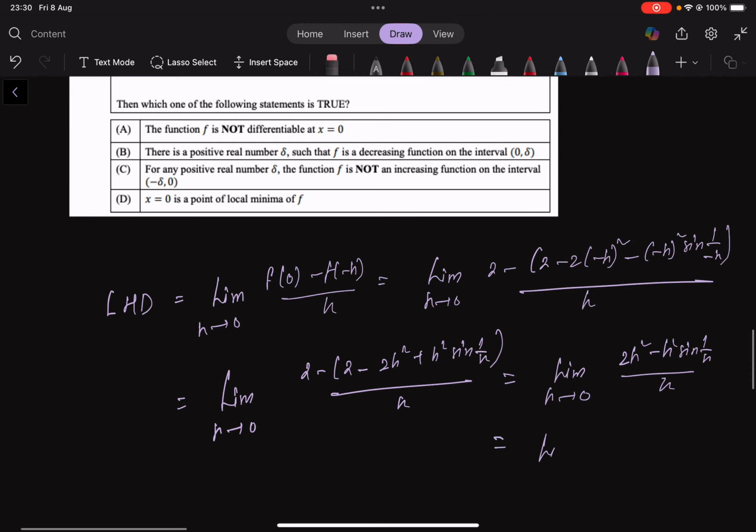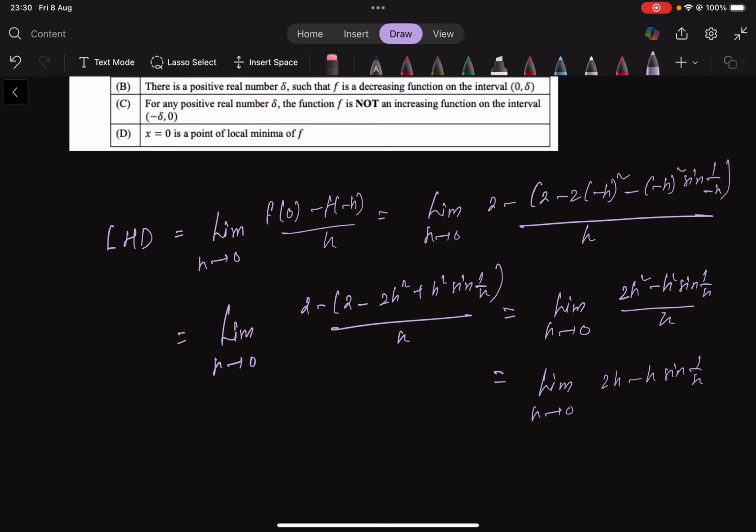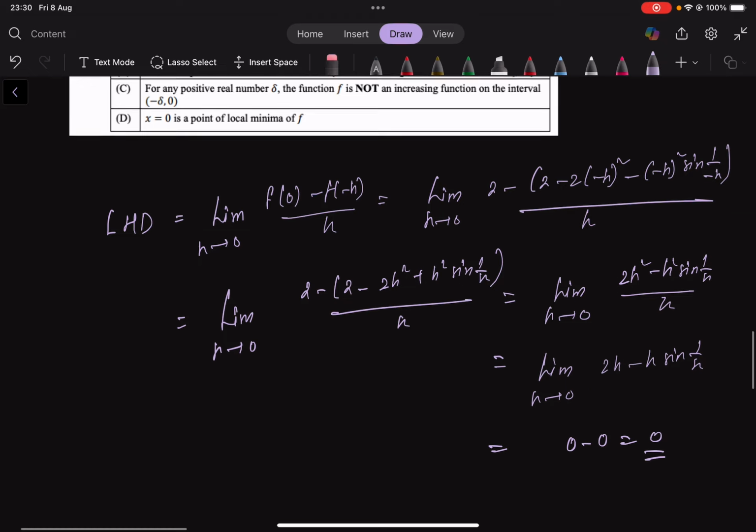And if we closely observe this, it is nothing but 0. Because 2h minus h into sine 1 by h, as h tends to 0, 2h tends to 0, and h into sine 1 by h is 0 into some bounded value between minus 1 and 1. So basically this is 0 minus 0, which is 0.